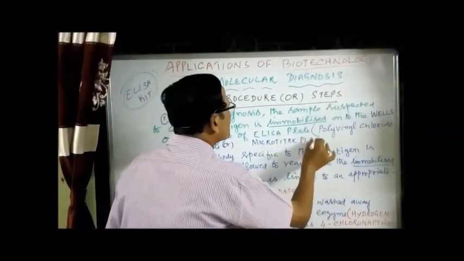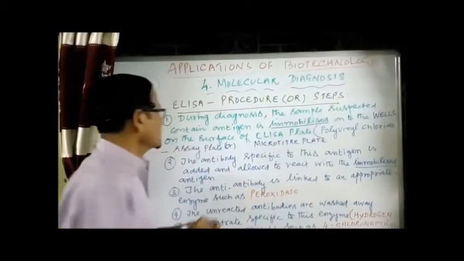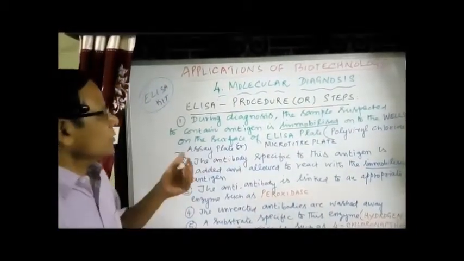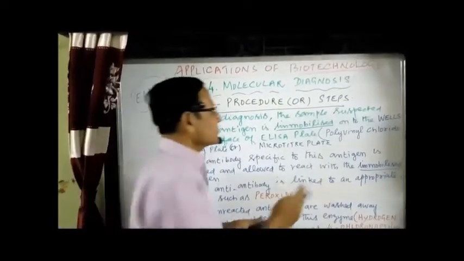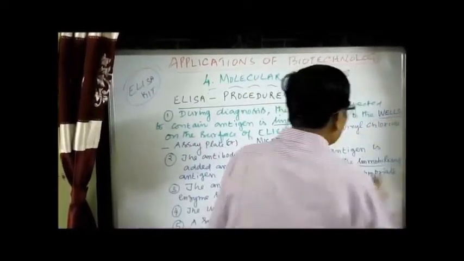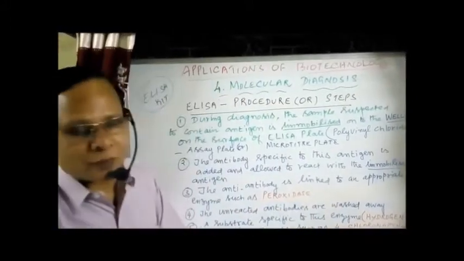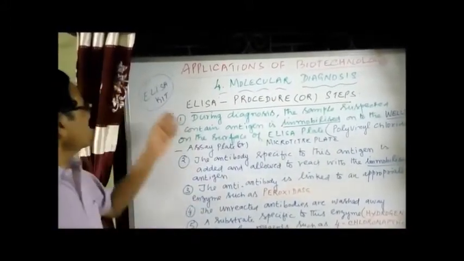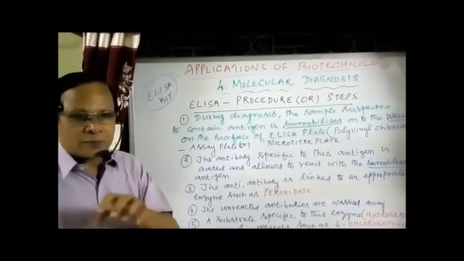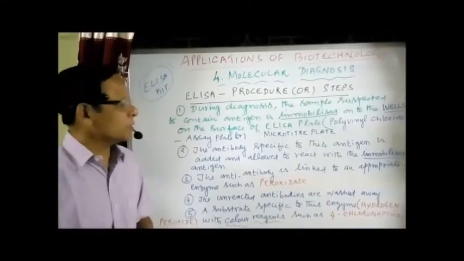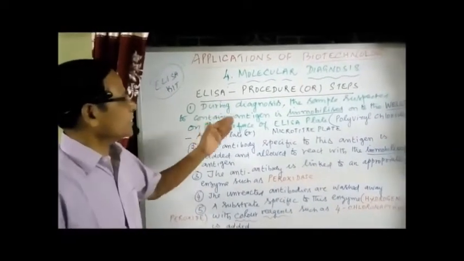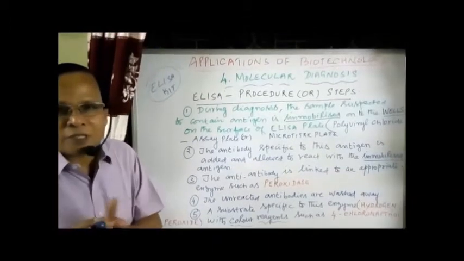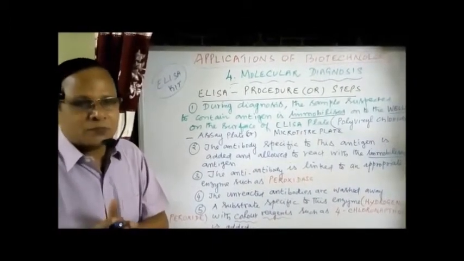Now you have what are called the wells. The word wells refers to the test tubes or vials found in the ELISA kit. It consists of a number of test tubes, and such test tubes are called wells.